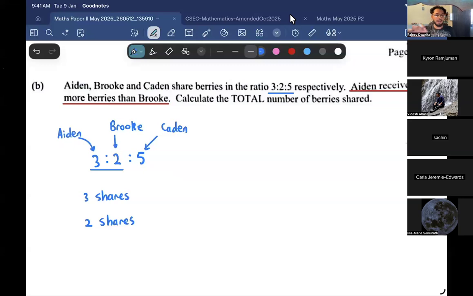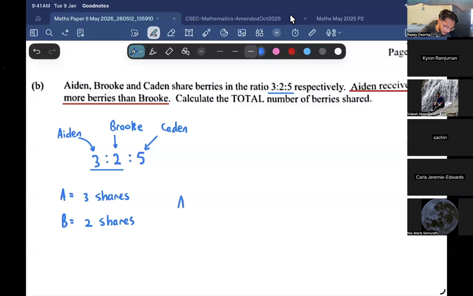Yes, sir. Now, if we are talking about shares, Eden received 3 shares and Brooke received 2 shares. What's the difference in terms of shares, Sachin? What's the difference in the amount of shares they got? 1.